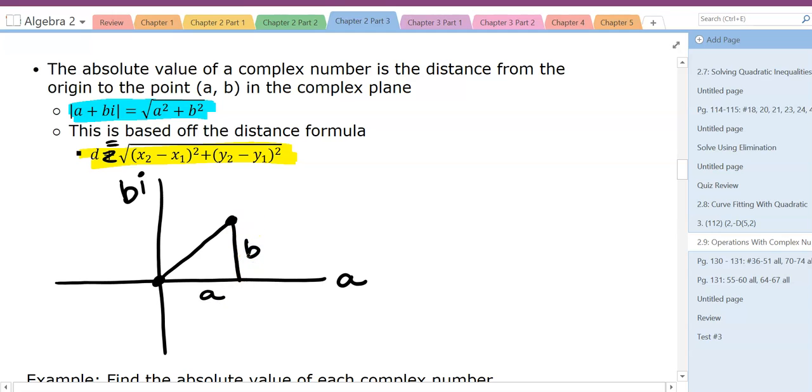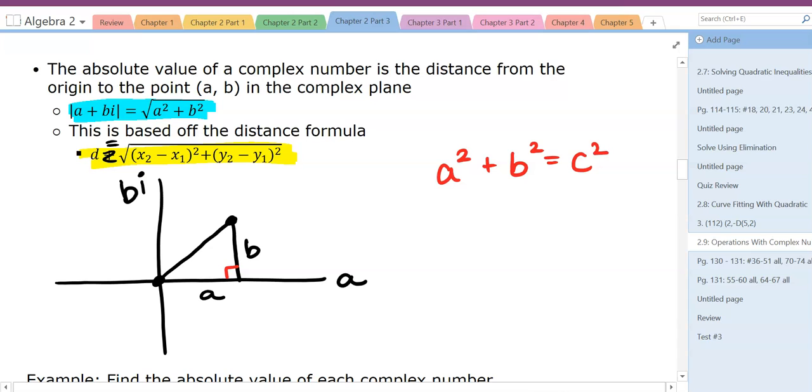So to find the distance there, think about if this is a right triangle. You guys also in geometry probably talked a lot about Pythagorean's theorem, a squared plus b squared equals c squared. So we can use that in addition with the distance formula to help us figure out the distance between the origin and a point on the complex plane.